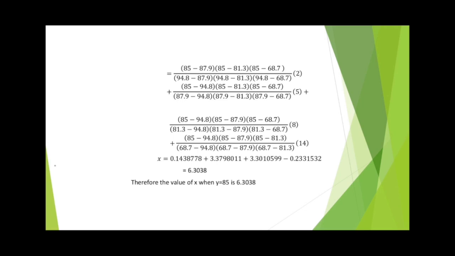Similarly, the second term is 3.3798011. Then the third and fourth terms. Finally, I add all these 4 values together. The sum is 6.3038. Therefore, the value of x corresponding to y equal to 85 is 6.3038. Hence, this is the required interpolated value.